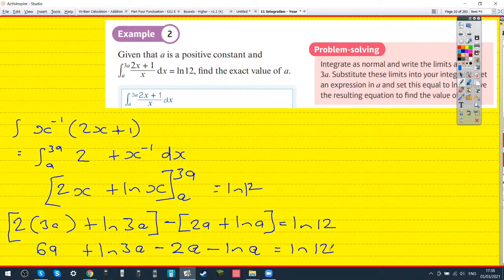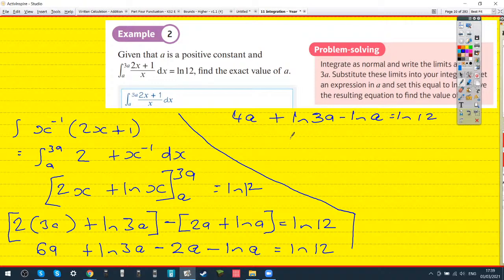So if we simplify that, we get 4a plus ln 2a equals ln 12. What is the rule for subtracting logs? Do you do something with dividing? Yep.